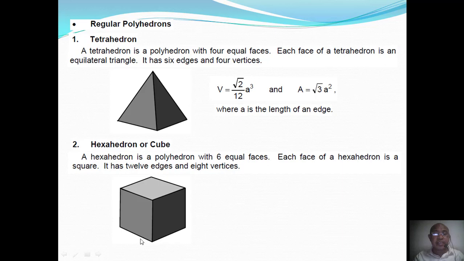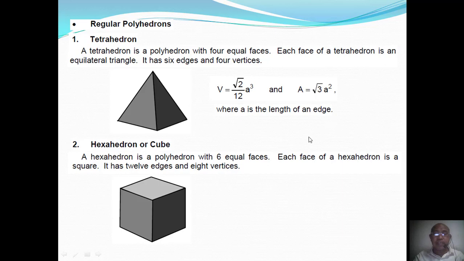We have here 6 faces which are all squares. So 1, 2, 3 on top, 4 at the bottom, then we have 5, 6 at the back. 2 facing us, 2 at the back, a total of 4. Then top and bottom. So we have a total of 6.